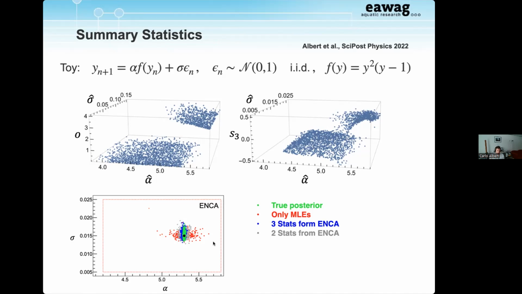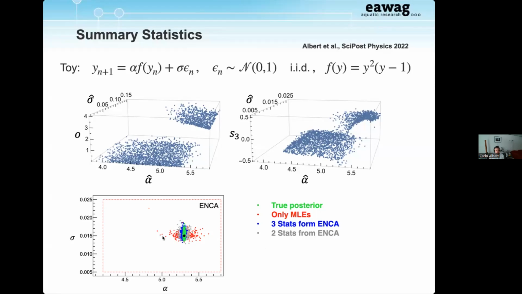And that's then confirmed here when we do the ABC inference. What you see first, the green one, is the true posterior, which of course we know in this case. We know precisely what the likelihood function is, so we made an MCMC to get the true posterior.